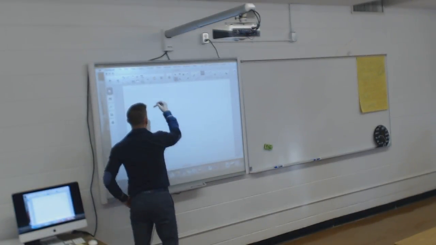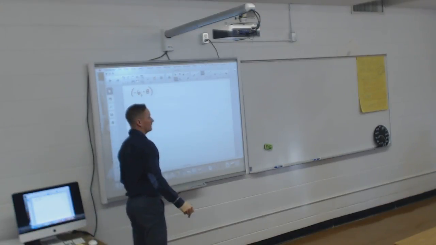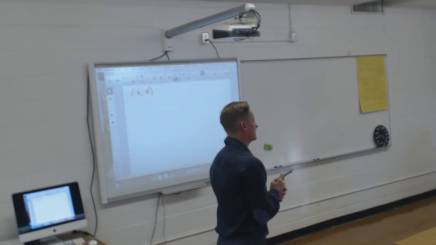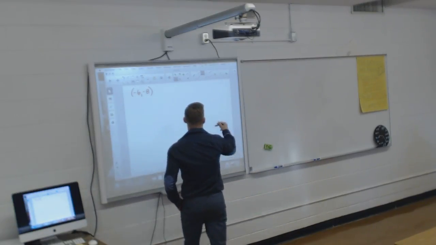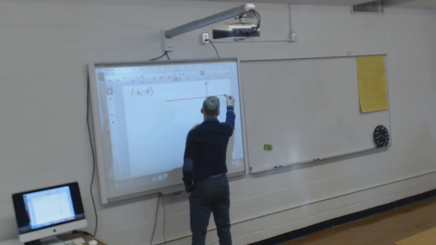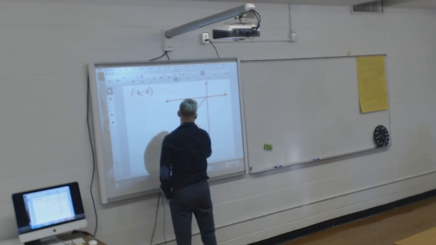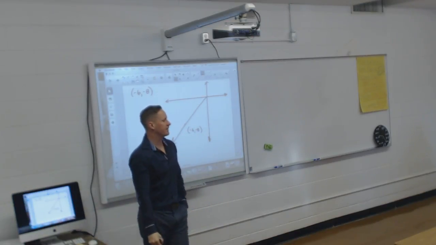Okay, so let's take these coordinates now. -6, -8. So we'll work together on this. Which quadrant is -6, -8 in? Third quadrant. So let's draw that out in the proper quadrant. Where is my angle always made?